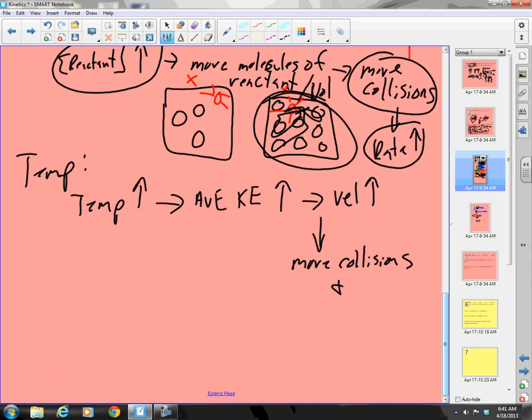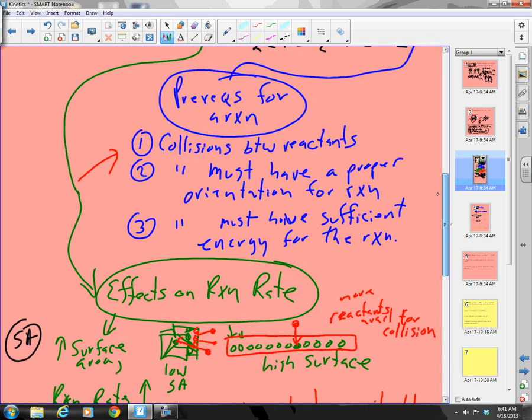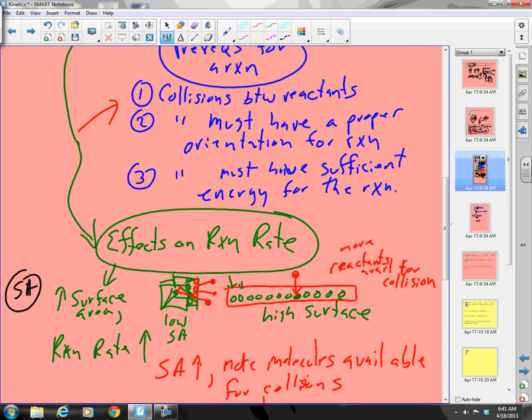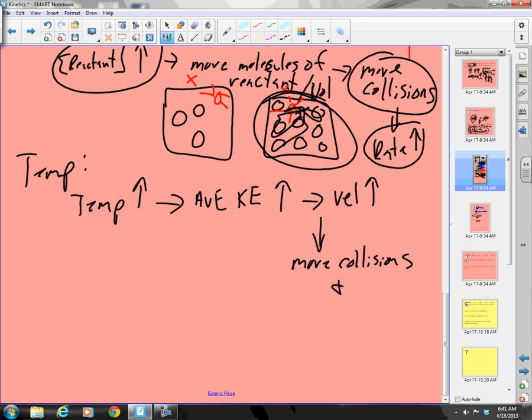And what else? Let's go back up to here. What else is important? Collisions. Okay, we talked about that. Orientation, sufficient energy. Aha, if I have a higher velocity, that means there are going to be more collisions with greater impact, right?